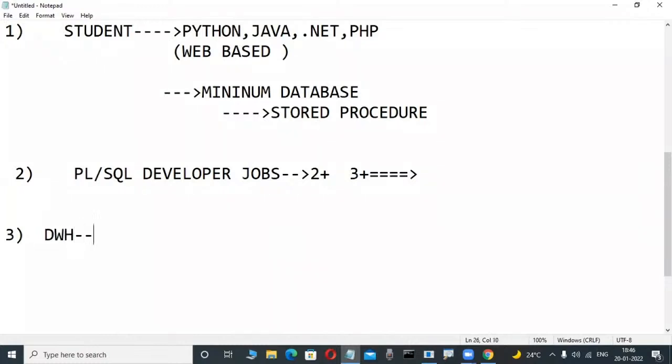In that, there are ETL programmers and reporting programmers. Extraction, transformation and loading, ETL tools. These persons need a little SQL knowledge. PLSQL is not required, just SQL knowledge and an idea. Then they learn tools in institutes also. Informatica is a very popular tool.